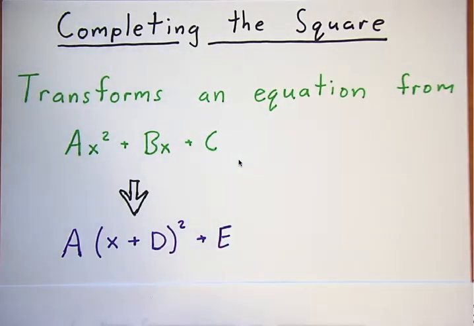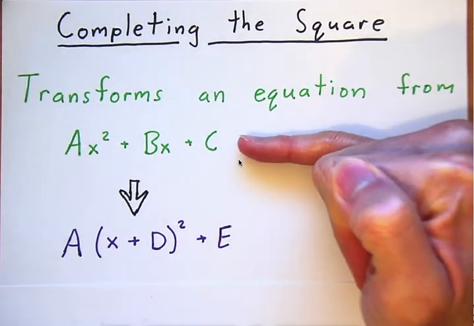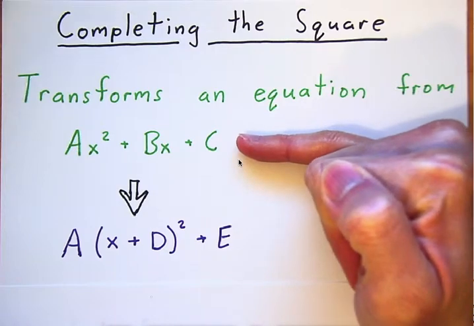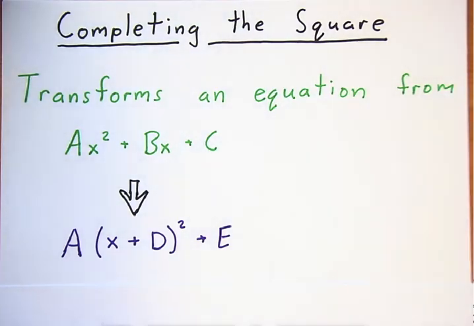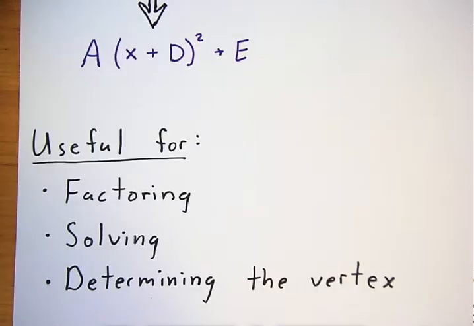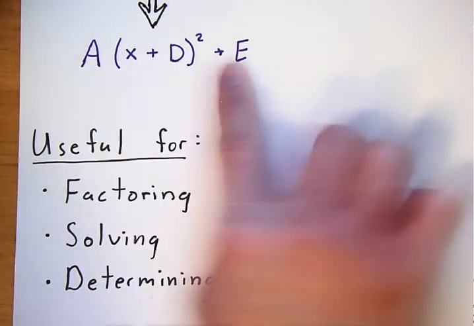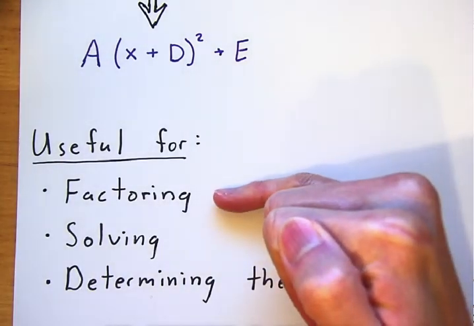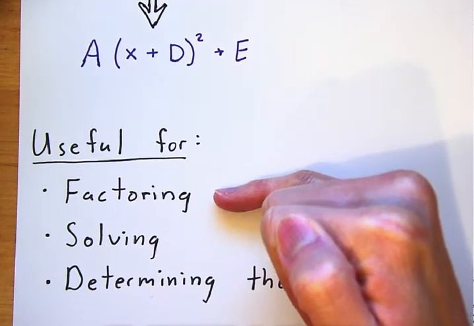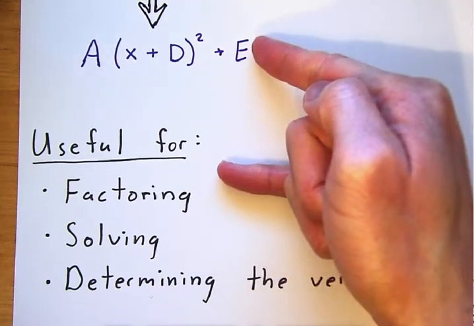So what would be the purpose, or what is useful about transforming an equation that has this sort of format into one that has this sort of format? Well, a few different things. One, in this sort of format, it is easier to factor the equation, easier to change this into parentheses times parentheses.